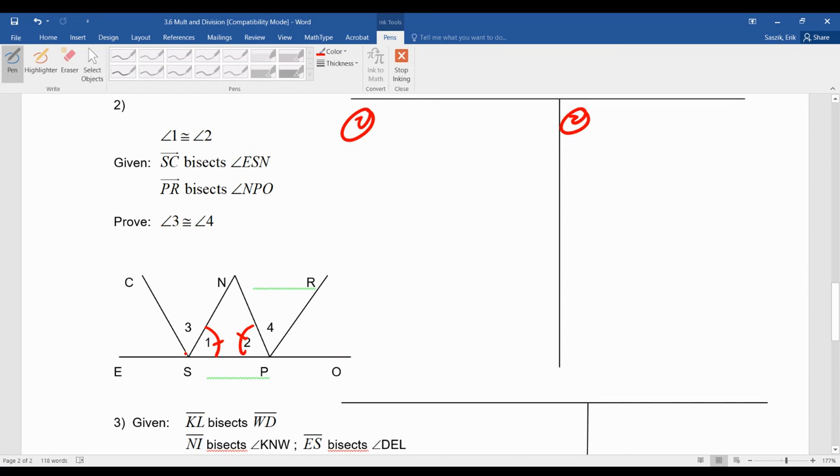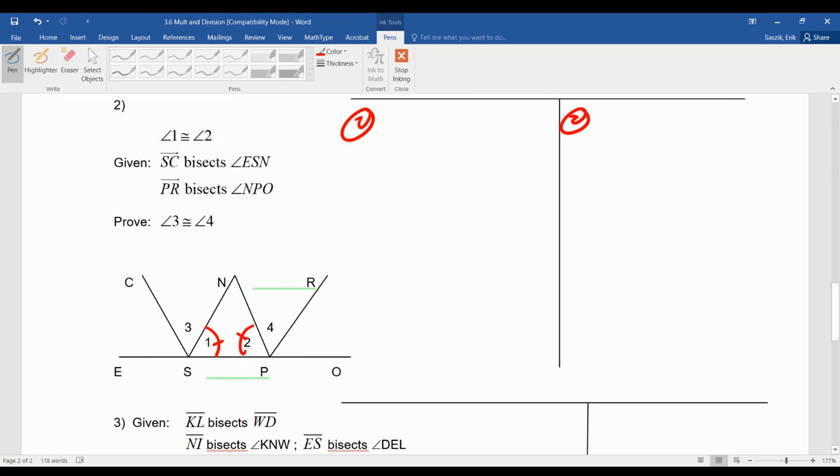But look, SC is bisecting this big angle, and PR is bisecting this big angle. 3 is a piece of this whole thing, and 4 is a piece of that whole thing. So if I could get these whole big angles congruent, then I could do division to get 3 congruent to 4.